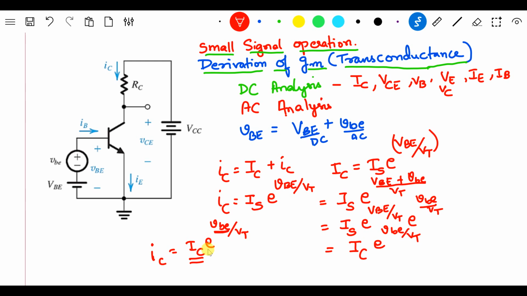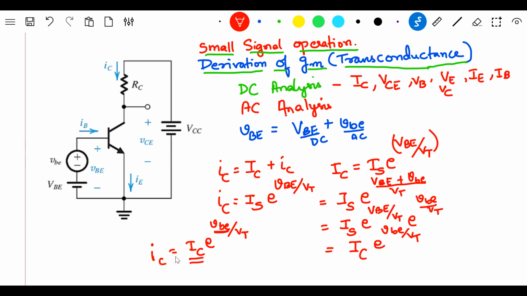That is the reason in a BJT amplifier we normally give the input voltage in millivolts, and we get more than 10 times expansion in the output when we measure. If I give 100 millivolts, the output can reach 3 volts, 4 volts and so on. So a small signal can vary the collector current in a huge manner.